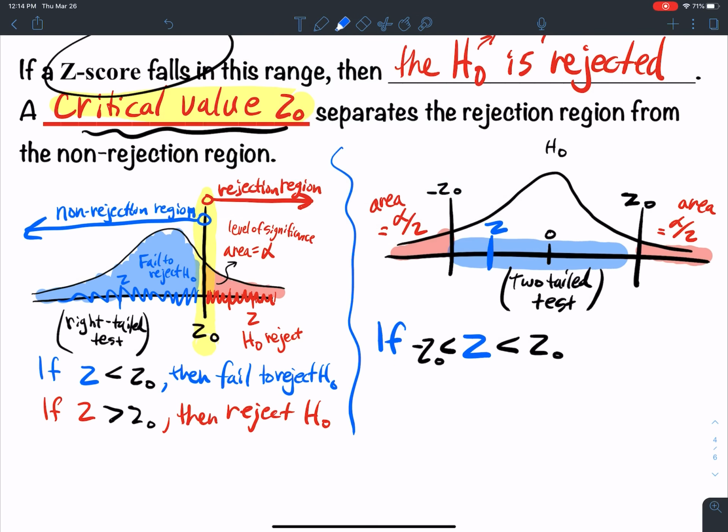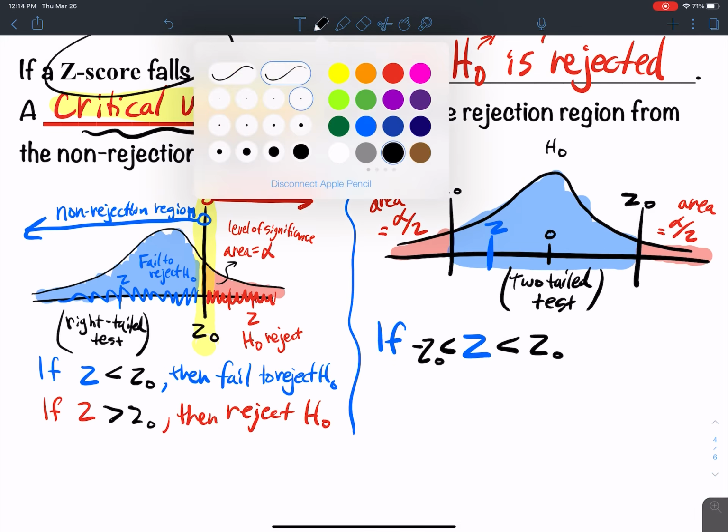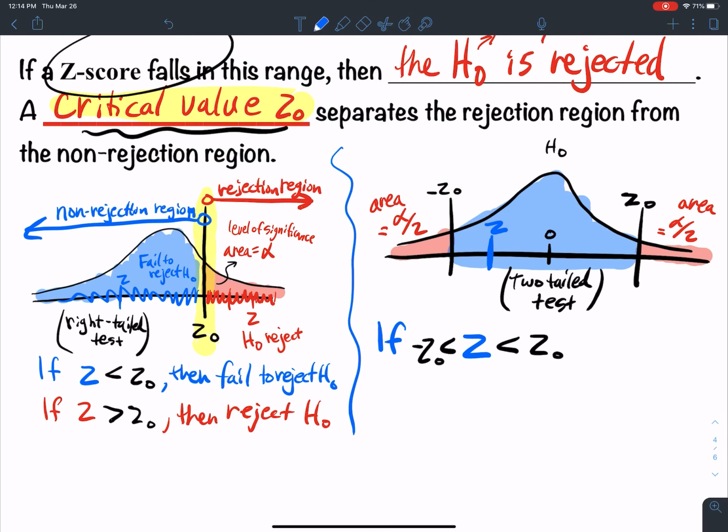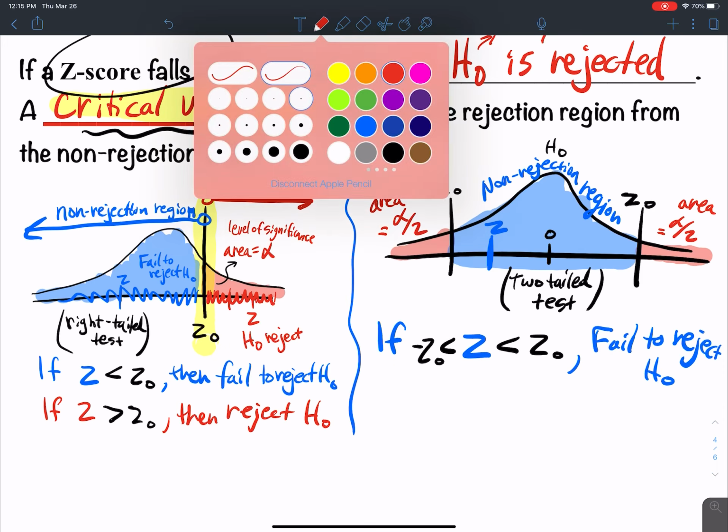That's somewhere in between here and here, okay? What do we do? We fail to reject. This is the non-rejection region, okay? So we fail to reject the H0, okay?